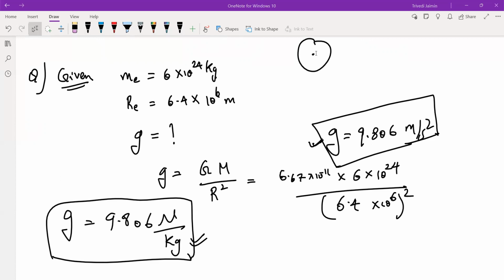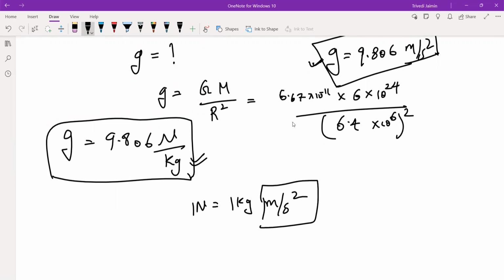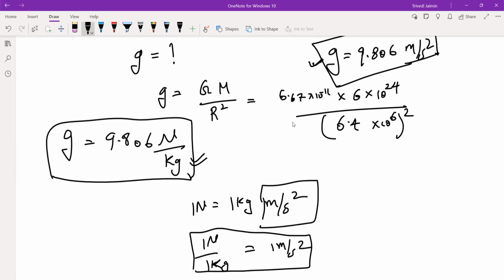I don't know, sir. I think it's not correct. Okay, let me prove it as correct. 1 Newton equals 1 kilogram meter per second square. If I want meter per second square, I can send this to that side. So 1 Newton by 1 kg equals 1 meter per second square. Now they both are correct, right? Yeah, sir.